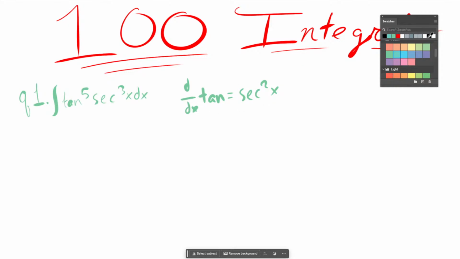Okay, let's go back to black. So we know that this holds true. That means, and we know that the derivative d dx of secant x equals tan secant x, right?